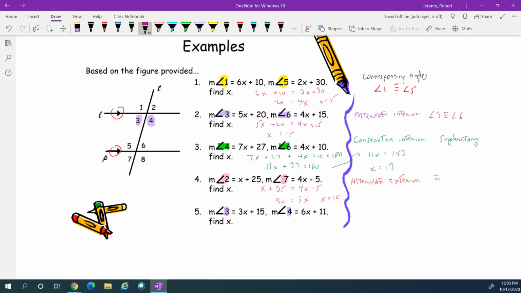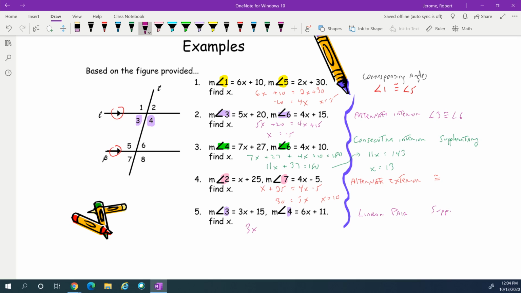Remember, our new terms, alternate interior, alternate exterior, corresponding, consecutive interior, they're there to link two different intersections on the transversal. These are from the same intersection. So this is actually old stuff. These are called a linear pair. Remember, vertical angles and linear pair don't go away. In a linear pair, the angles are supplementary.